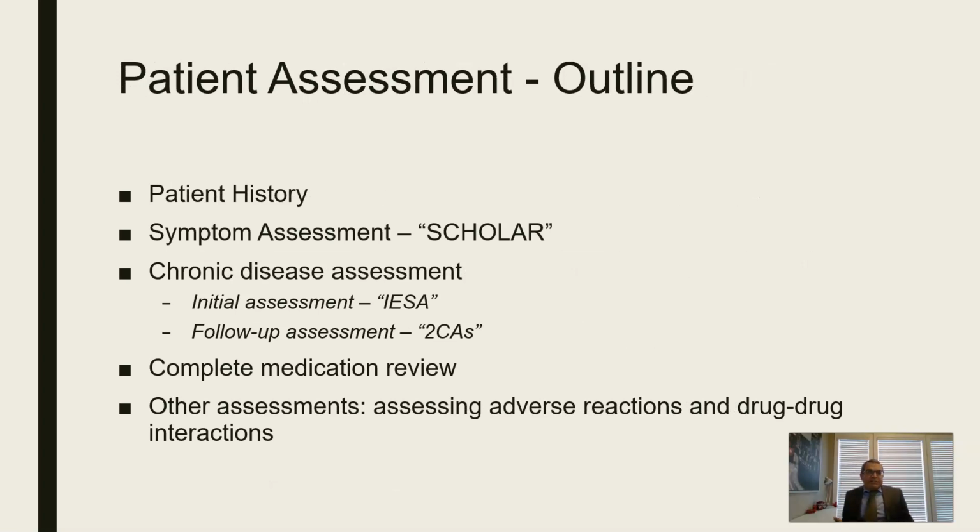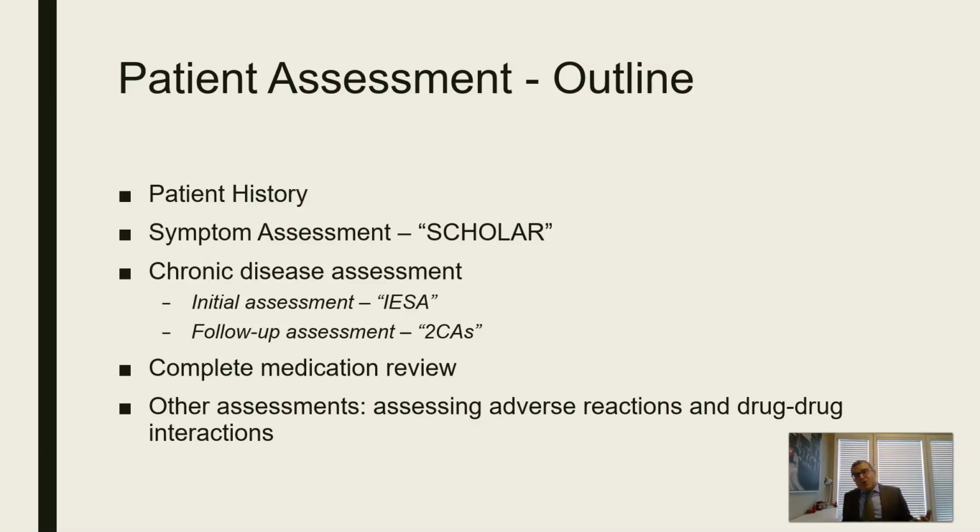So based on what I discussed on different scenarios of assessment, in order to assess the patient, you need to do a patient history, and this will be discussed in the next lecture. Symptom assessment: how to do a symptom assessment using SCHOLAR, which is an acronym. Chronic disease assessment: how to assess a patient with chronic disease.